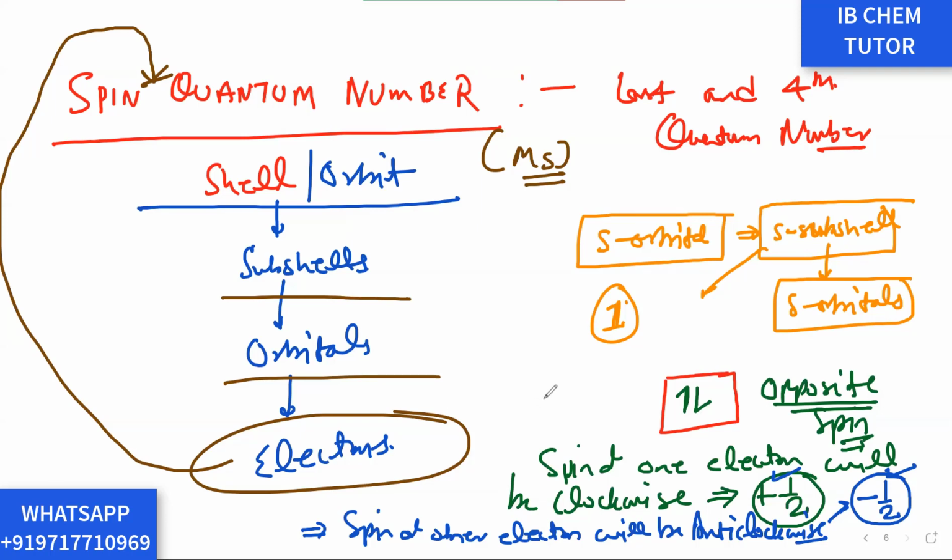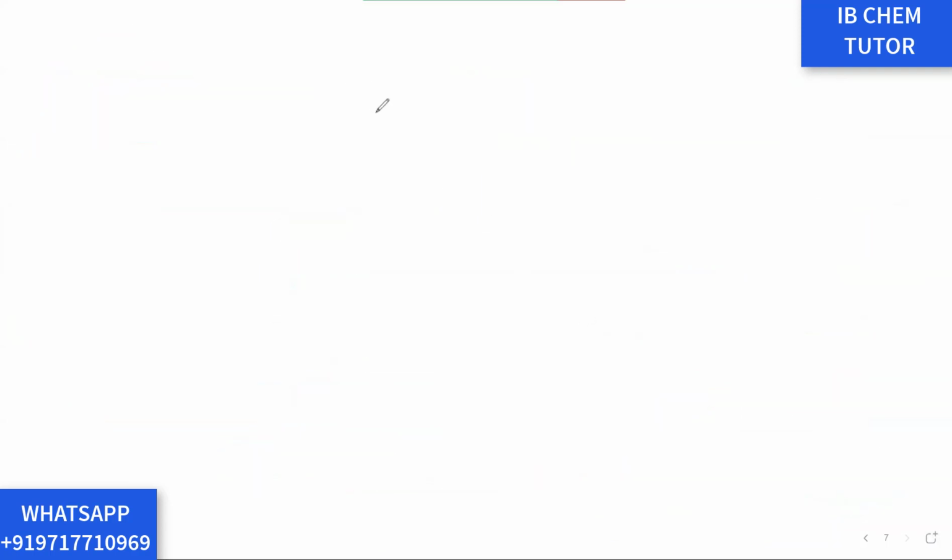Okay, students. So with these two quantum numbers, in video number 2, we have completed these two quantum numbers. And with this, we finish the quantum numbers in the chapter structure of atom or atomic structure. So in the next class, we will go with another topic in this chapter. Maybe we will see how we have to write the electronic configuration.